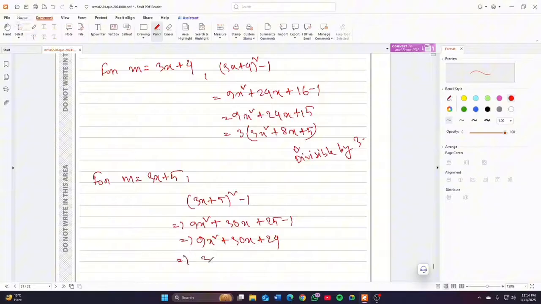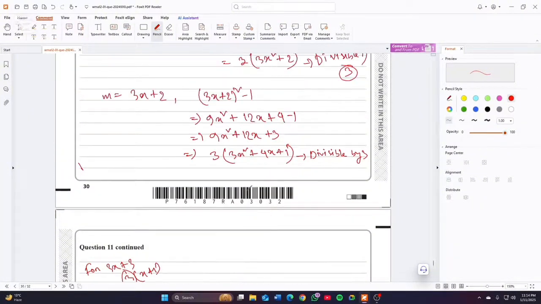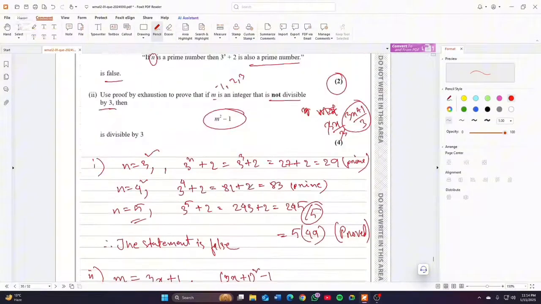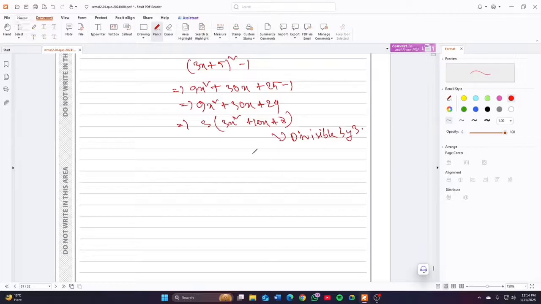Again, we can take out 3 common, so it becomes 3 times 3x squared plus 10x plus 8, and this again is divisible by 3. So for all the different values of m that we have taken which are not divisible by 3, we have found that this holds true. Therefore, we can write that this is proved.